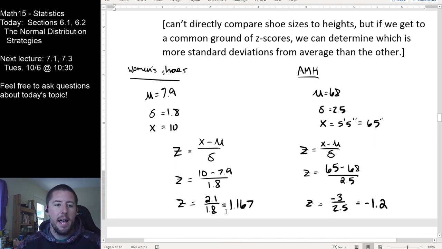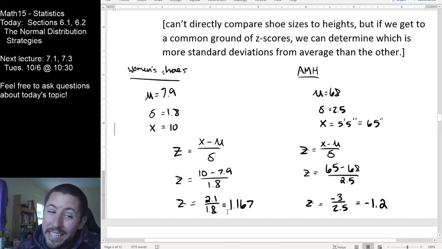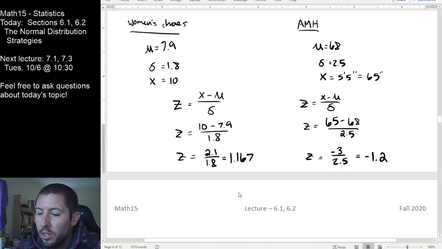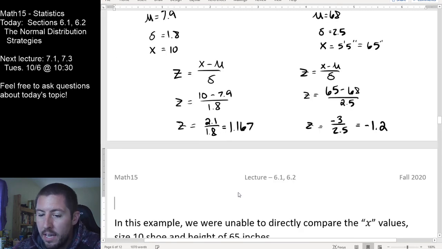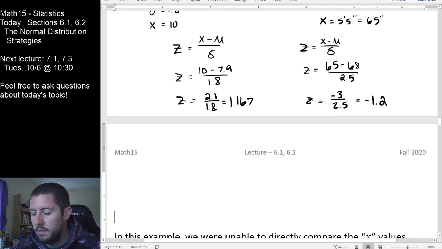But I also know that because this is a symmetric distribution, I'm just looking for distance from the average, right? So our adult male height was 1.2 standard deviations below normal. Our women's shoe size was 1.167 above normal. So it looks like in this case the adult male height is more unlikely. Let me just write it right here.